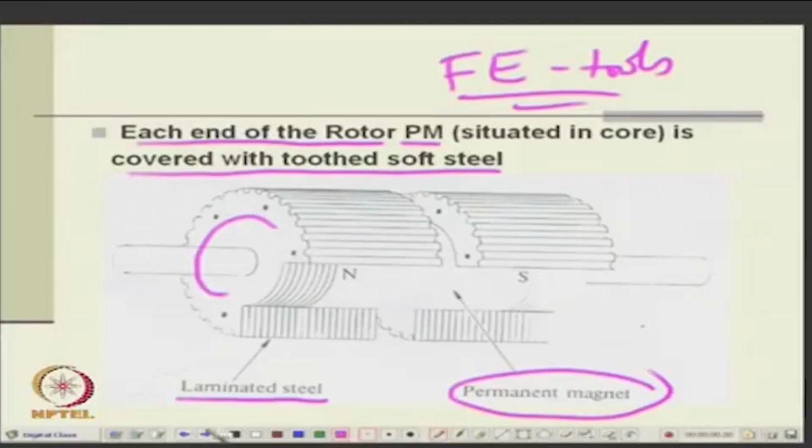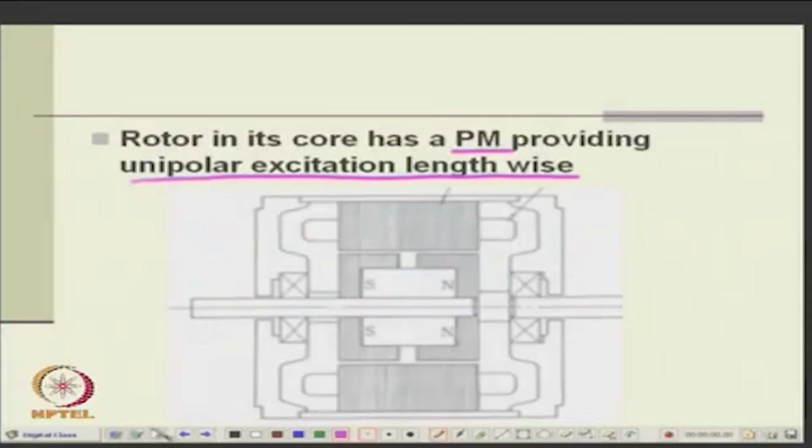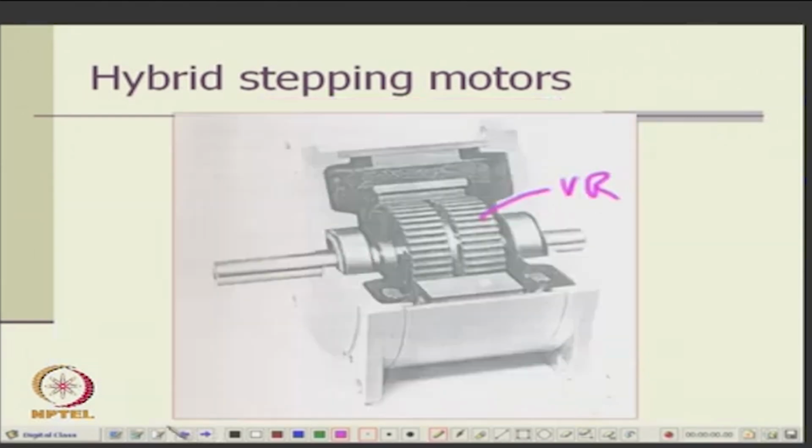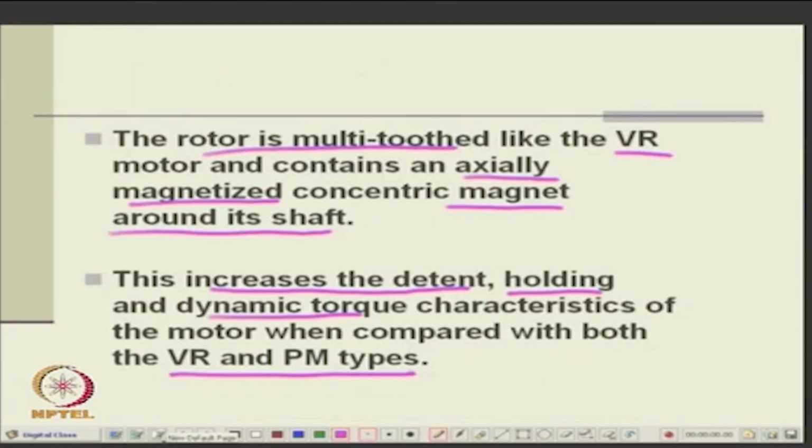Okay. So, we have seen the basic configurations of this. This is a hybrid stepping motor where it has a combination of variable reluctance and permanent magnet. And this is also a hybrid stepping motor, for those who require some recall.